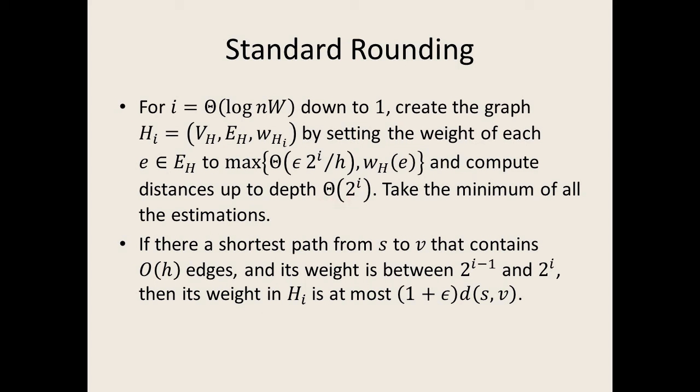And at the end, we set the final estimation of each vertex to be the minimum taken over all these estimations. This gives us a (1 plus epsilon) approximation to the distances, as the ith iteration gives a good approximation to the vertices whose distance is between 2 to the i minus 1 and 2 to the i.